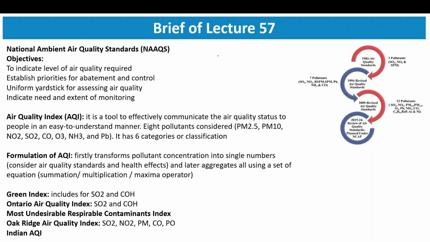So you can make guidelines and a pattern for which type of city. For example, metro cities will have higher emissions because of more vehicles and more urban activities going on. In that case, you can prioritize the abatement and control plan, with a uniform yardstick for assessing air quality, and indicate the need and extent of monitoring.